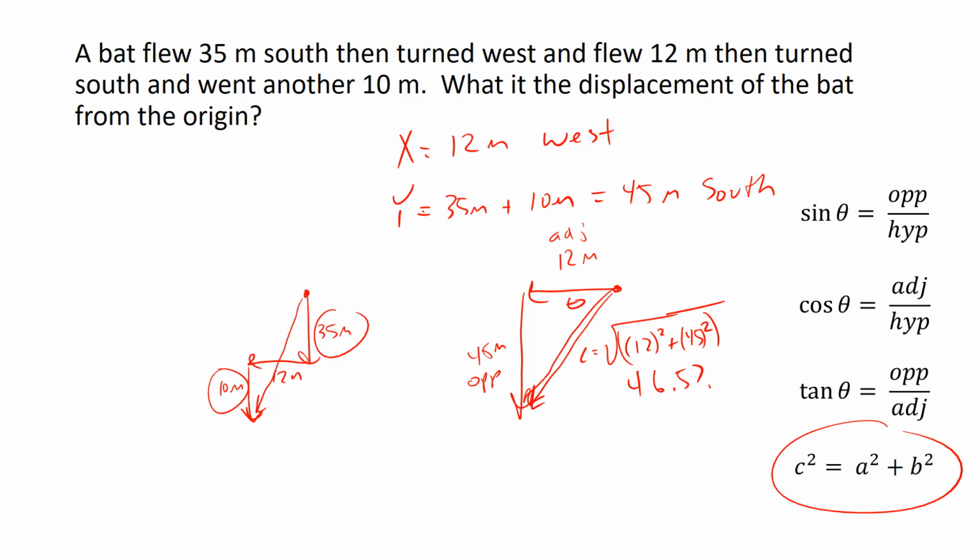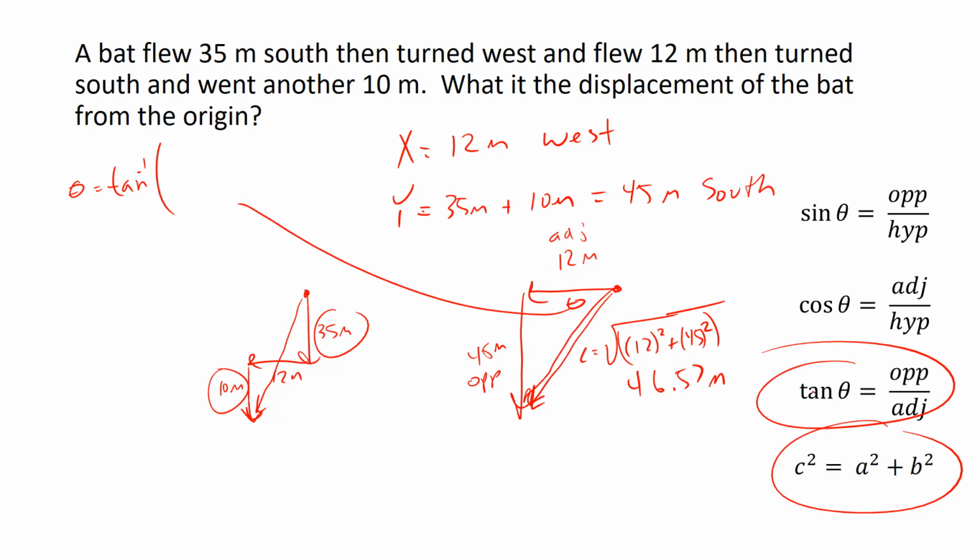And the unit was meters. She was going so many meters, or the bat was going so many meters. It was a she. And now we want to find the angle. Angle equals inverse tangent. The reason why I picked inverse tangent is because we have our opposite and adjacent, and that is tangent. To break away the tangent, I have to take the inverse tangent.